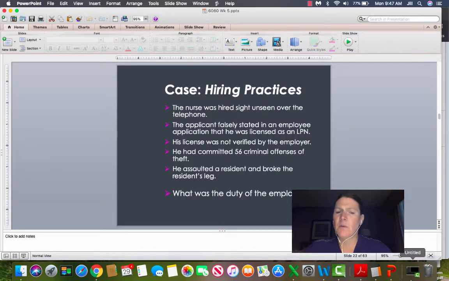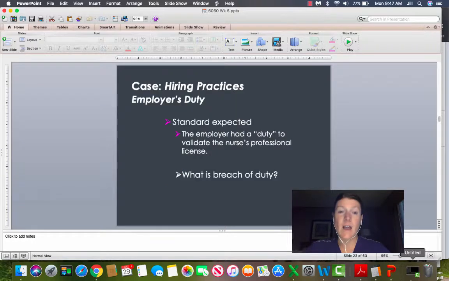So this is a case where we're looking at duty. Was there a duty of the employer to make sure that this didn't happen?